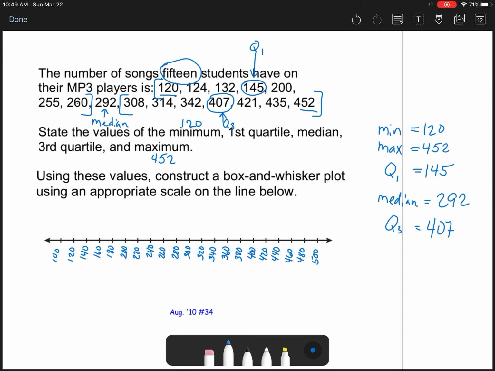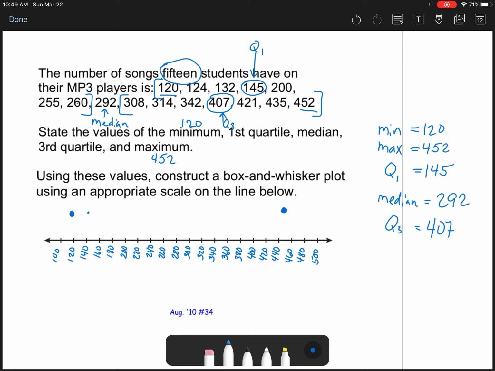Okay, so let's take a look. I'm going to put a dot above 120, a dot above 452, all the way over here. So it's about there, in between 440 and 460.